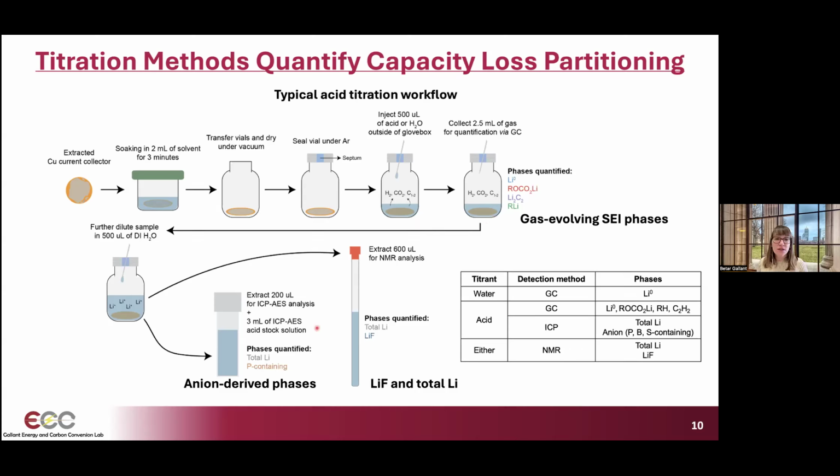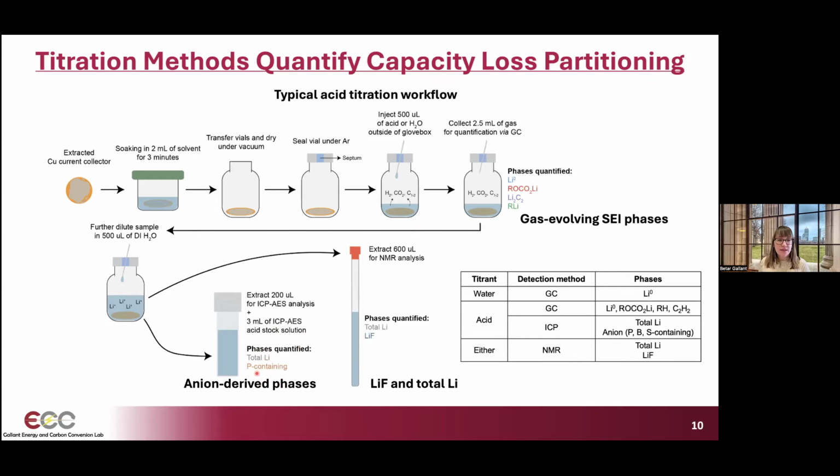So we can do things like use ICP-AES to quantify the total amount of lithium that made it to our analysis vial, and that allows us to pretty much have the denominator right. We know how much total material we're actually evaluating, and that can be helpful if we have, for example, soluble SEI phases that might escape the surface during cell cycling.